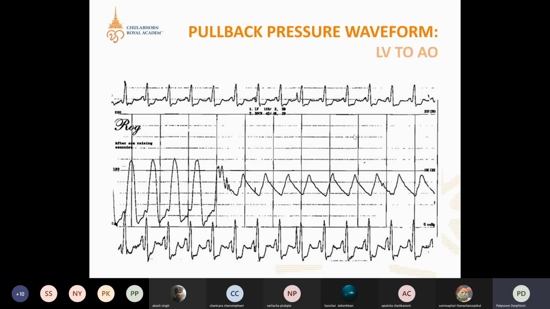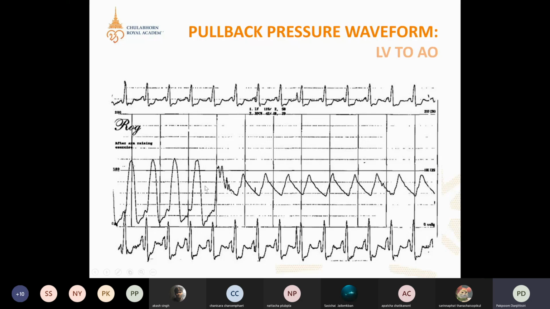The first way is to pull back the pressure waveform from the LV to the aorta with one catheter. Starting with the LV pressure, the catheter is advanced into the left ventricle.